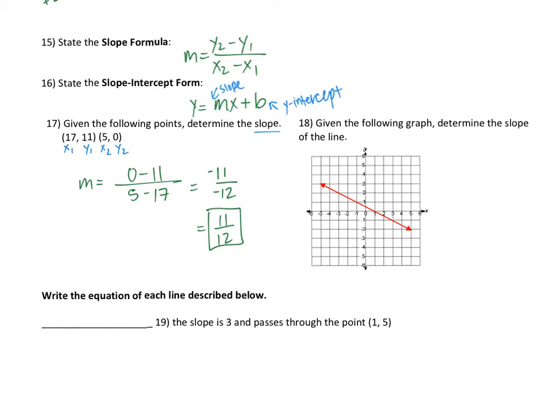Now for 18 here, you are not given two coordinate points. Instead, you're given the graph and you're asked to find the slope as well. This is really an estimation of your slope, so depending on which points you pick, it might be a little bit different. But I recommend picking points that land on the grid intersections. This one's a really good point because it clearly intersects the grid right there.